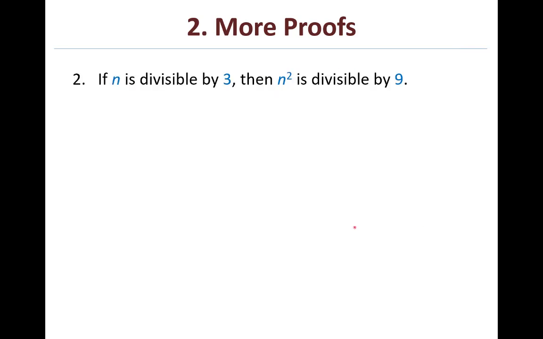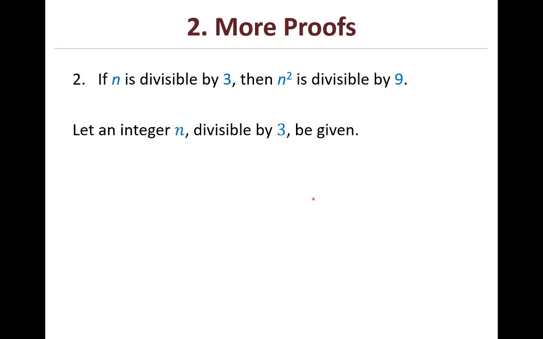If n is divisible by 3, then n squared is divisible by 9. If you'd like, maybe pause the video, write out the first few sentences, see how you do on this proof. Alright, I'll begin. Let. What will I let in this case? How about let an integer n divisible by 3 be given? There's lots of ways that you can actually say this initial sentence. You might say, let n be an integer divisible by 3.